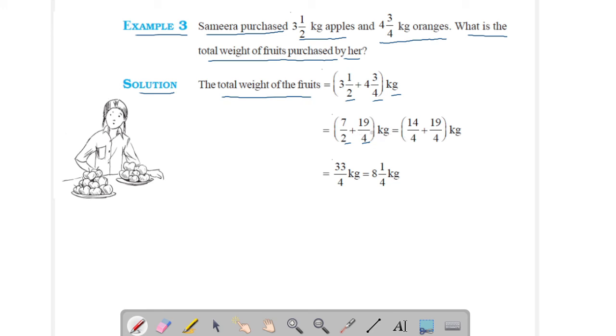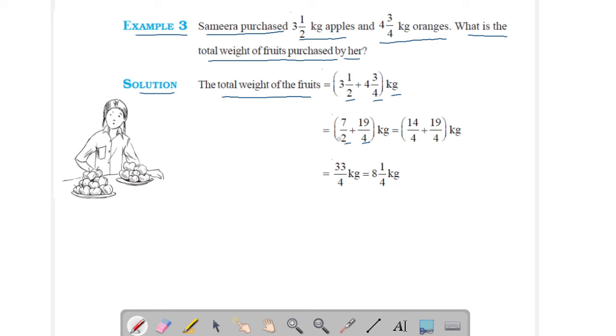Here make the denominators of both the fractions the same. What will be the LCM of 2 and 4? It is 4. If we divide the LCM, that is 4, by the denominator of the first fraction, which is 2, 4 divided by 2, you will get 2.